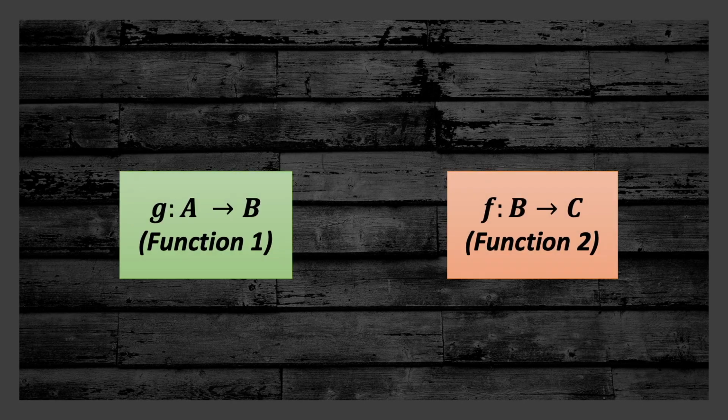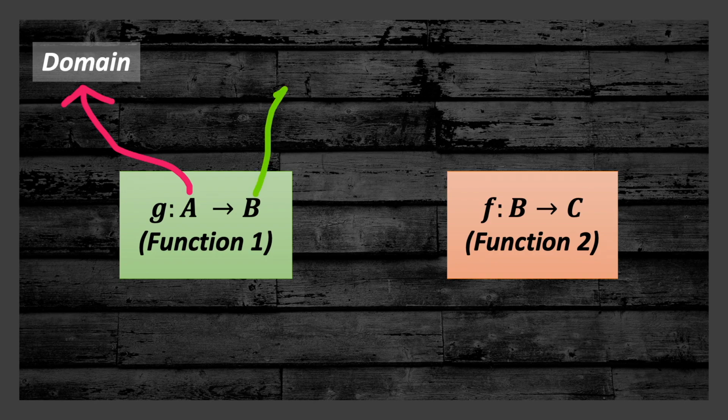Based upon its definition, when we talk about composite function, we are dealing with two functions. The first function is denoted by g, where capital letter A represents its set of inputs or domain, while capital letter B represents its set of possible outputs or codomain.